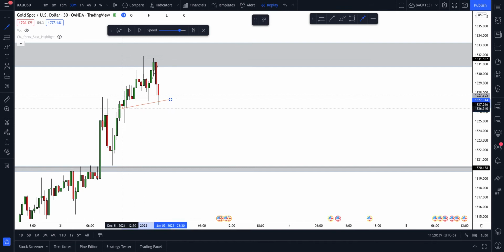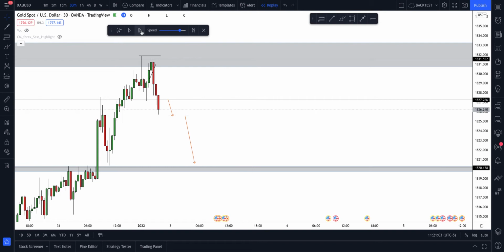If price closes and starts to move bearish with strong candles, that's another confirmation. It's telling you price is moving in a certain direction, with strong bearish candles. So I have to see this to continue bearish.